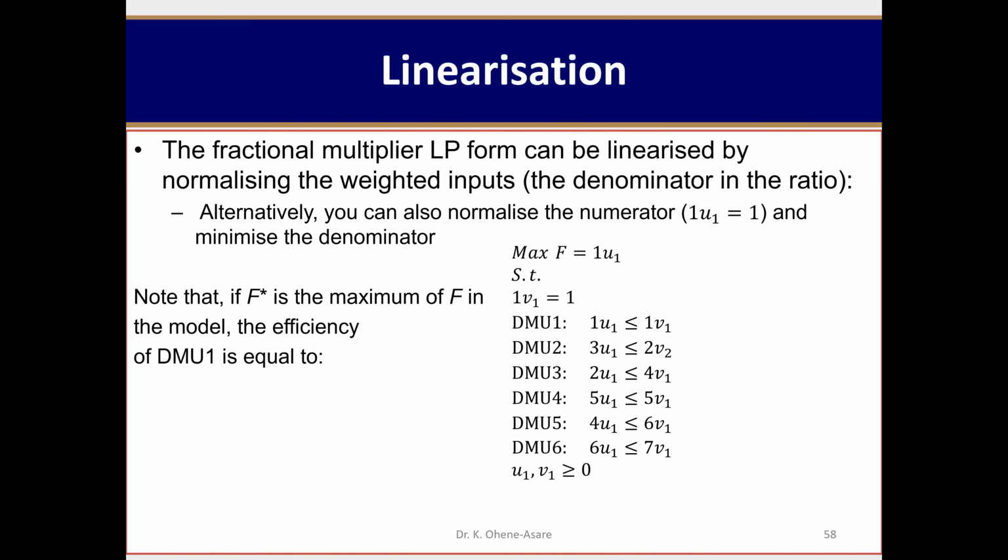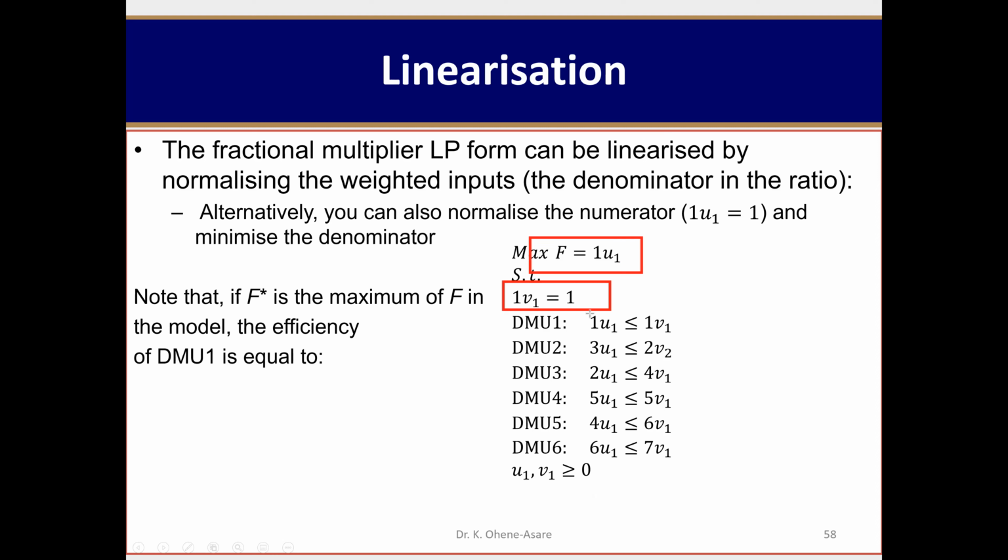Okay. And I think I made a slight mistake here. I'm supposed to have all of the signs. Okay. So here, there's no mistake there. If you look into the formulated model, you set the denominator to 1, you maximize the numerator.